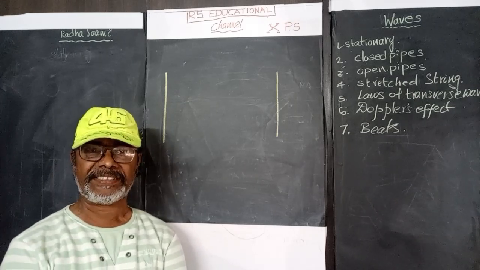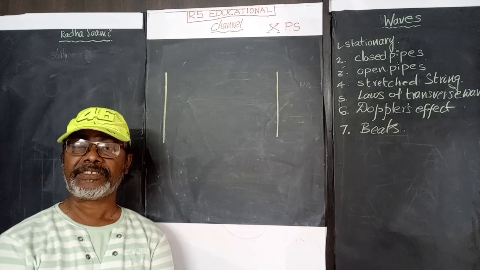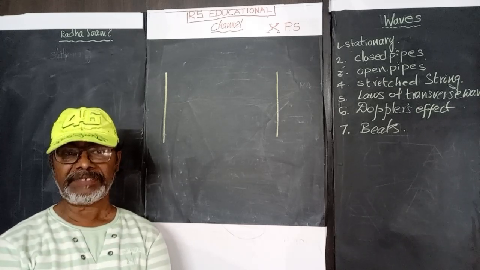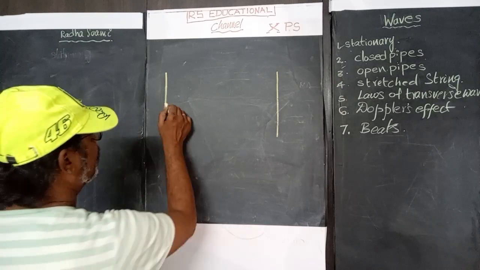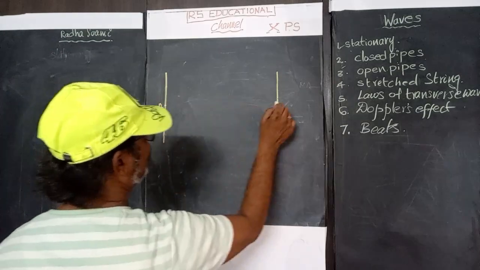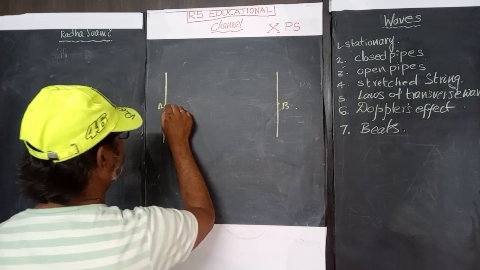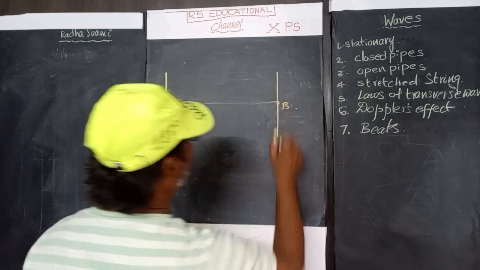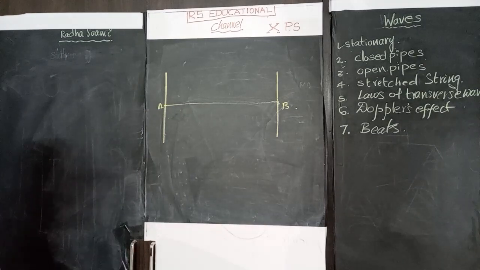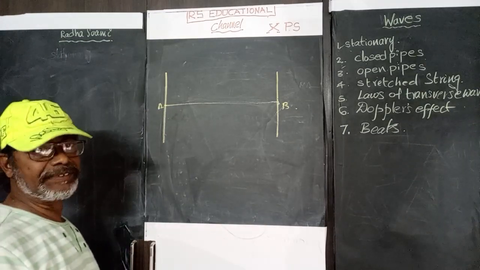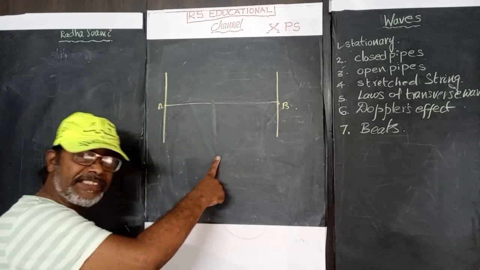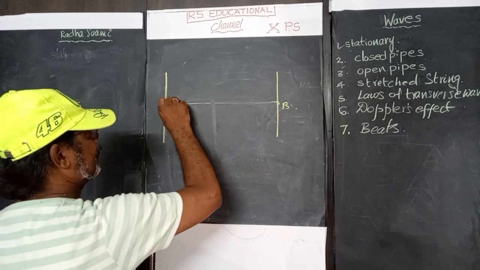Both ends of the string are tied to fixed points, A and B. This is called the stretched string. If you apply force on the middle of the stretched string, it vibrates.